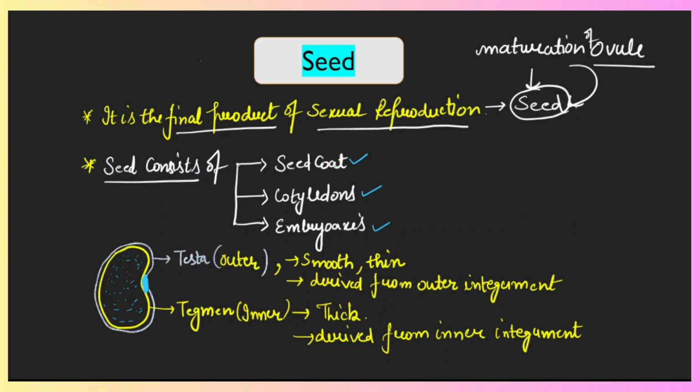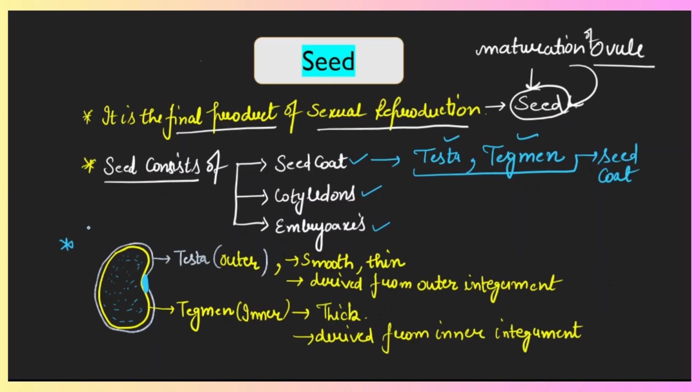If we talk about the seed coat, in the seed there are 2 special protective layers, or seed coats. First one is the testa, second is the tegmen. These form the seed coat. Look at this structure of the seed, any seed.